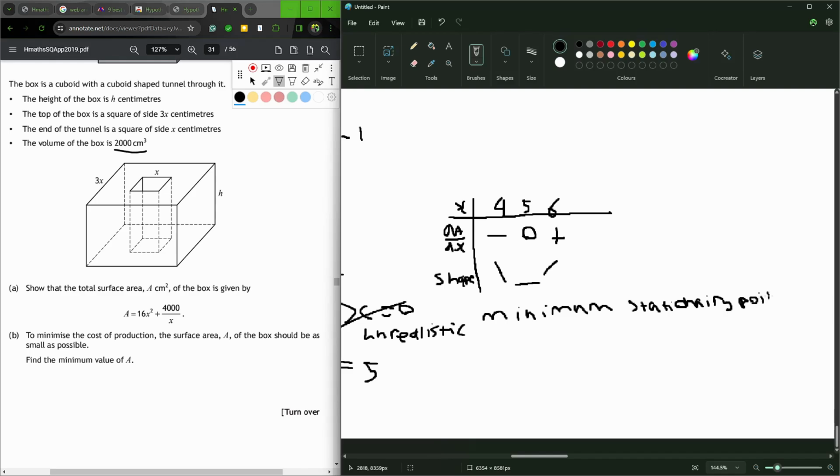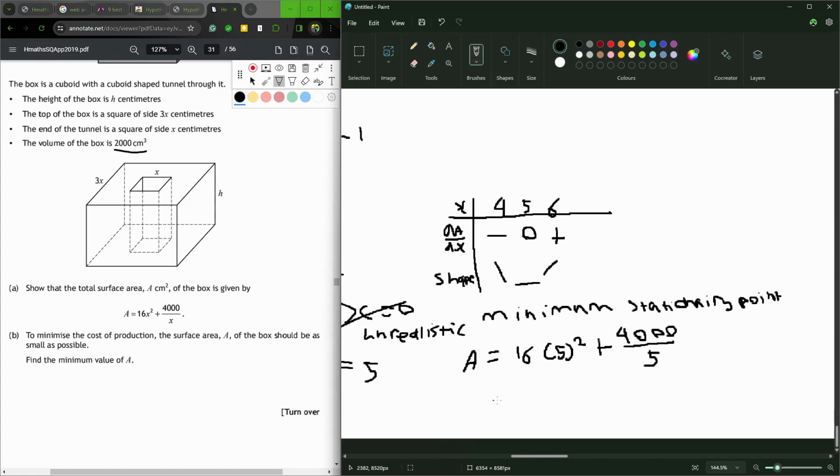Boom, fantastic. Right. Now that we know what x equals 5 is, we need to work out what the surface area is at x equals 5. So A equals 16 times 5 squared plus 4,000 over 5.